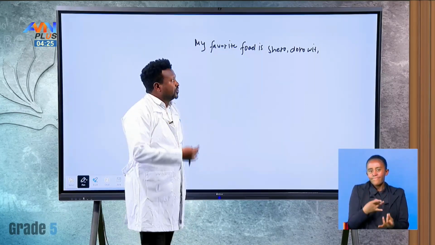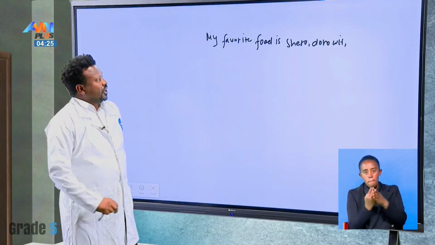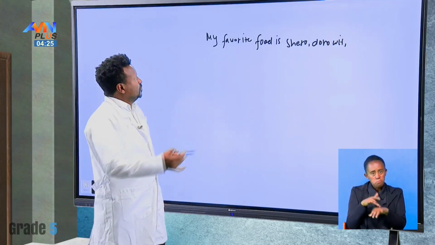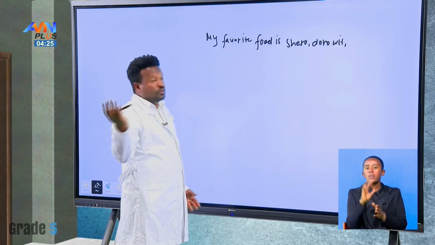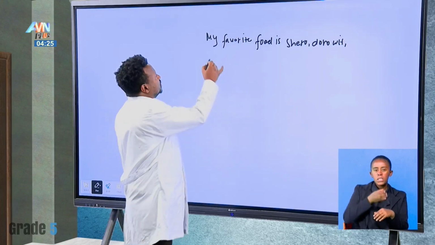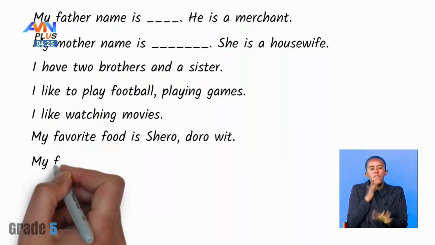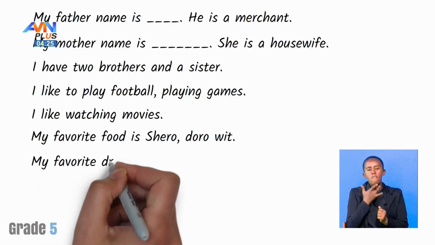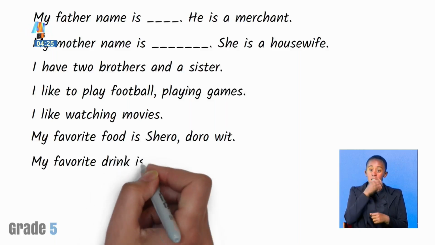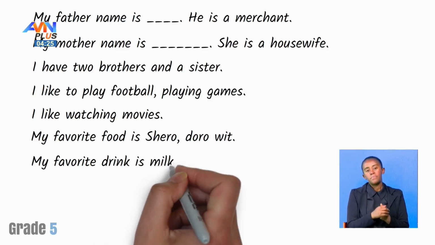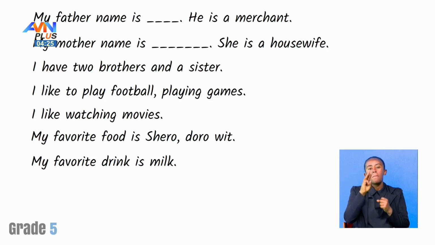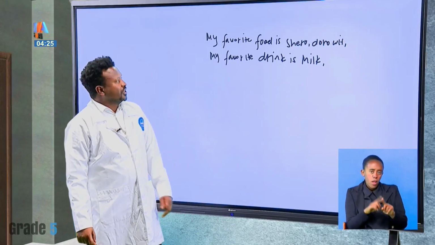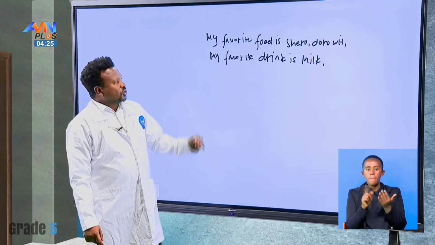You can say rice, burger, pizza, something that you like, okay? And also the kind of drink that you may like. My favorite drink is milk simply. Or Coca-Cola or different kinds of soft drinks, okay? So this is how to describe yourself.